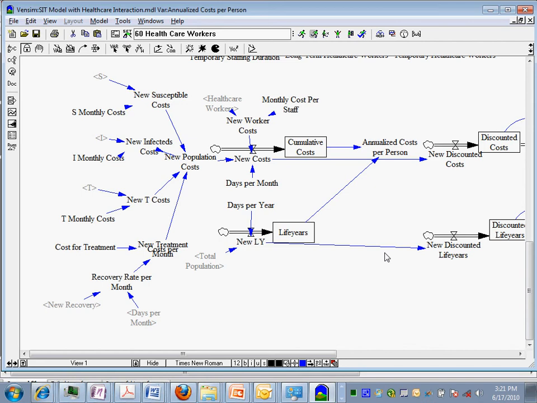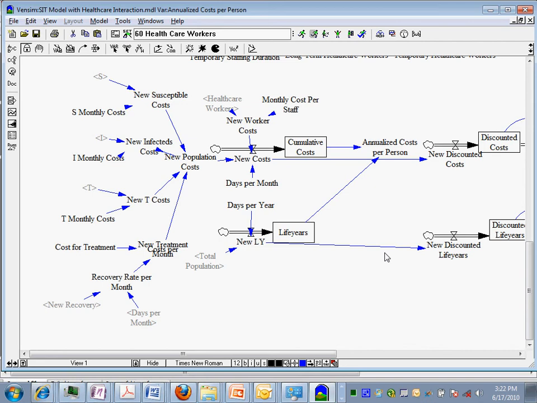And then you've got these new population costs, which are dollars per month. I don't know what this days per month is doing there. It shouldn't be there. Oh, that's right, you're trying to get it into days, because the model's representation of time is days, and this is in months.